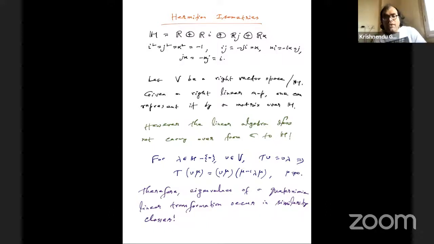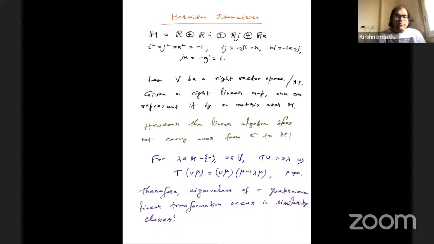However, whatever linear algebra we do does not carry over from complex numbers to quaternions, for the reason that if you take any non-zero quaternion lambda and a vector v from capital V such that lambda is a right eigenvalue of a linear transformation T, then you can see, as I have shown in the slide, that v mu is also an eigenvector, but not corresponding to the eigenvalue lambda, but corresponding to the eigenvalue mu inverse lambda mu.